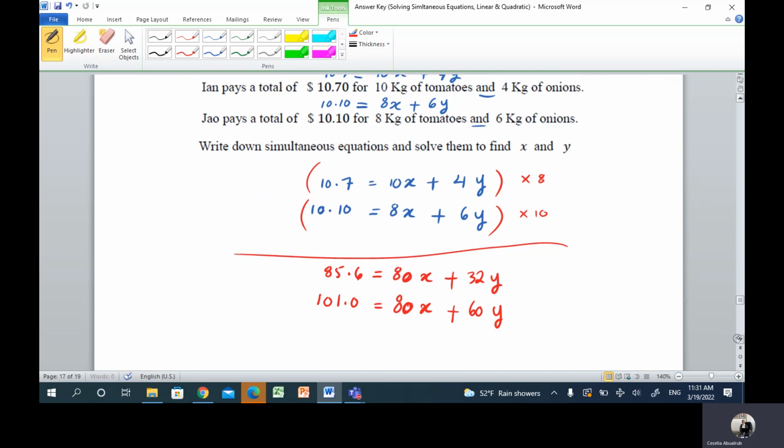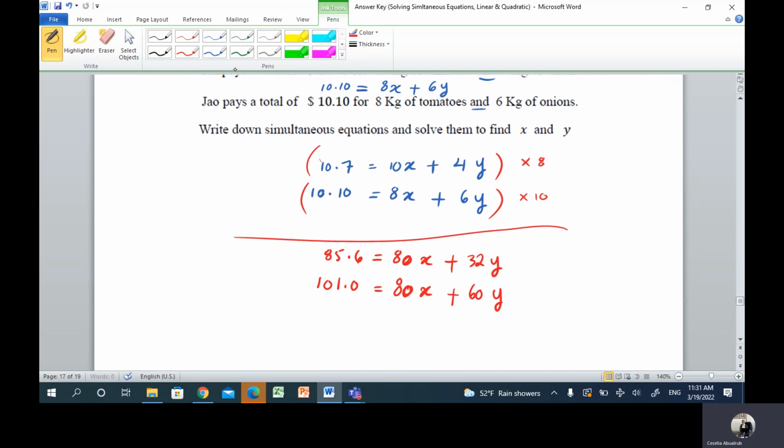So we have the x now with the exact same coefficient, and to get rid of x, I must decide: am I adding the two equations or subtracting them? Of course, we're going to subtract the two equations to get rid of x. So 85.6 minus 101.0, the answer will be negative 15.4.